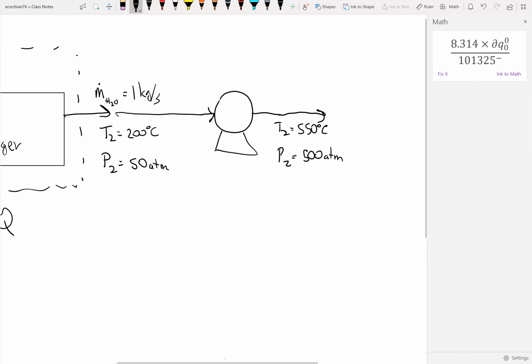But I'm not heating it this time. The pump is pushing on it, so it's mechanical energy, and that's called work. So I'm going to have a work arrow that represents that energy flow. Again, is the arrow going to be pointing into or out of the pump to denote that I did work on the water? Yes, that is going to be in as well. And I know that's the way that makes sense to me most of the time.